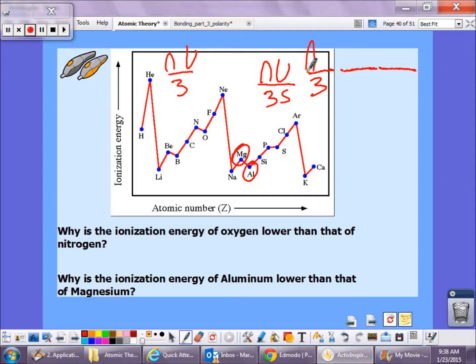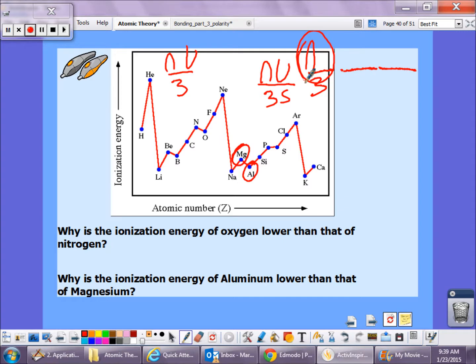But that 3p is at a higher energy state than the 3s. P are a higher energy state than S. D are higher energy state than P or S. F higher energy state than D, P, S.